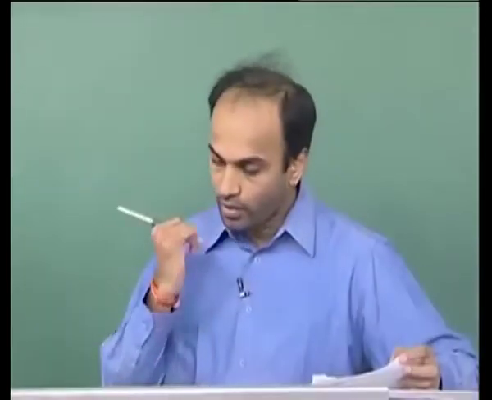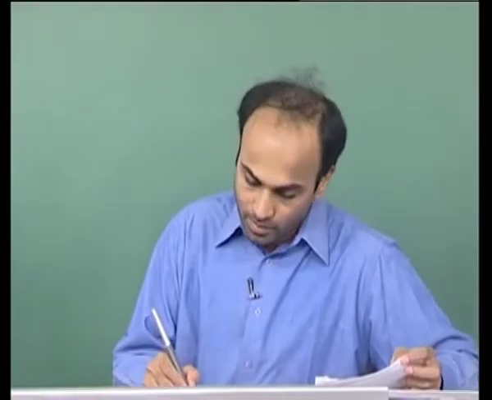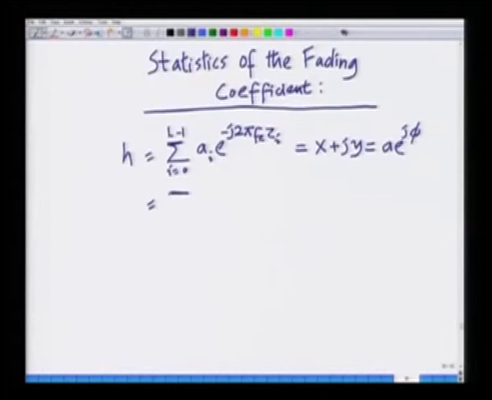All right. And now, what does this essentially look like? Let me expand this a little bit further. This is essentially the sum over i equals 0 to L minus 1 of a_i cosine 2 pi f_c tau_i minus b_i cosine 2 pi f_c tau_i.